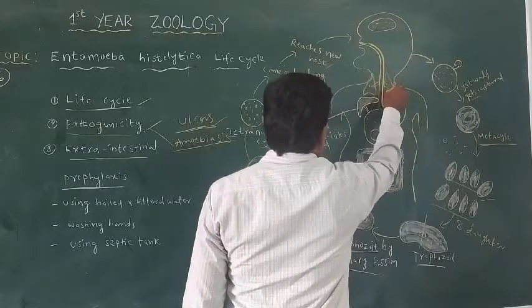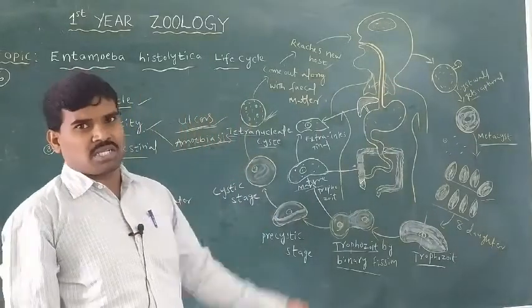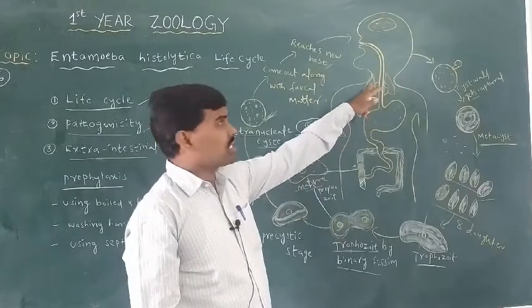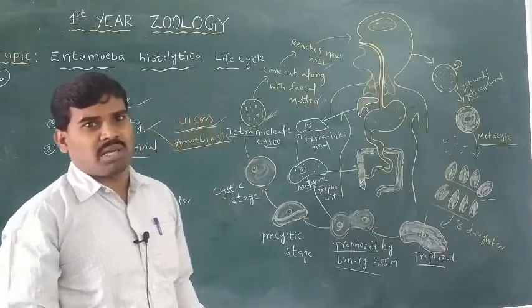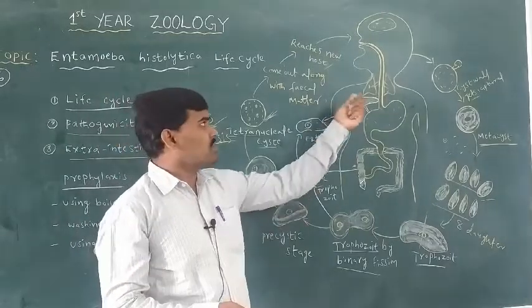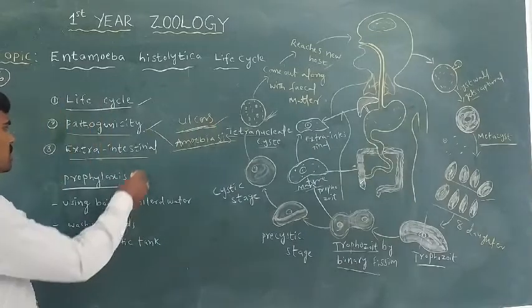It reaches the liver and lungs, and finally the brain can also be attacked. So it reaches the liver, lungs and sometimes the brain, damaging the liver hepatocytes and the lungs.